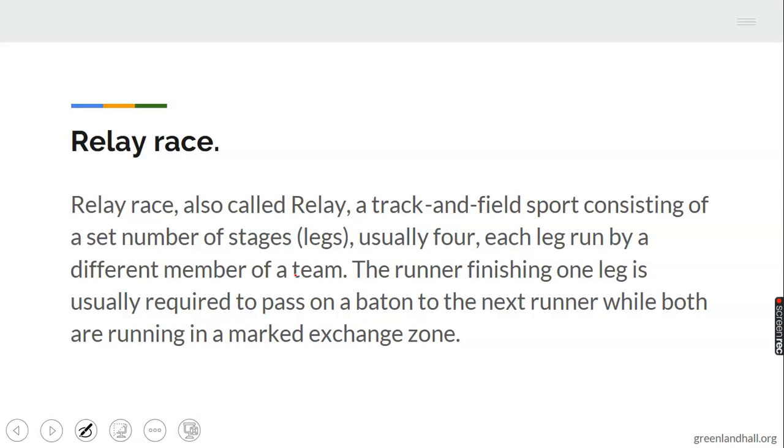Relay race, also called relay, is a track and field sport consisting of a set number of stages. The stages refer to legs, that is people, usually 4.